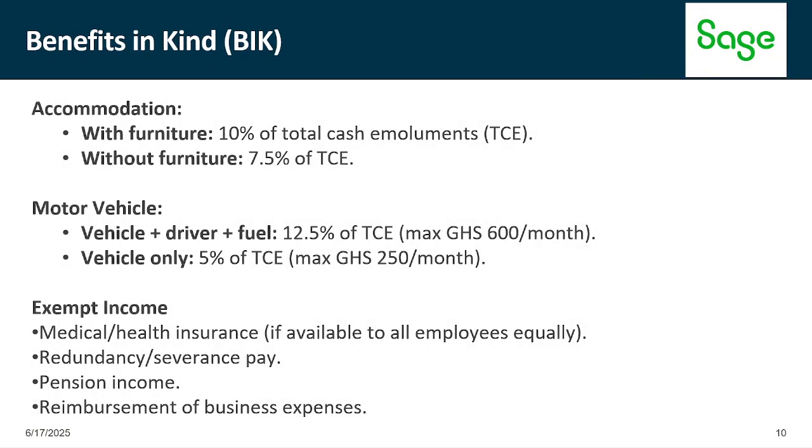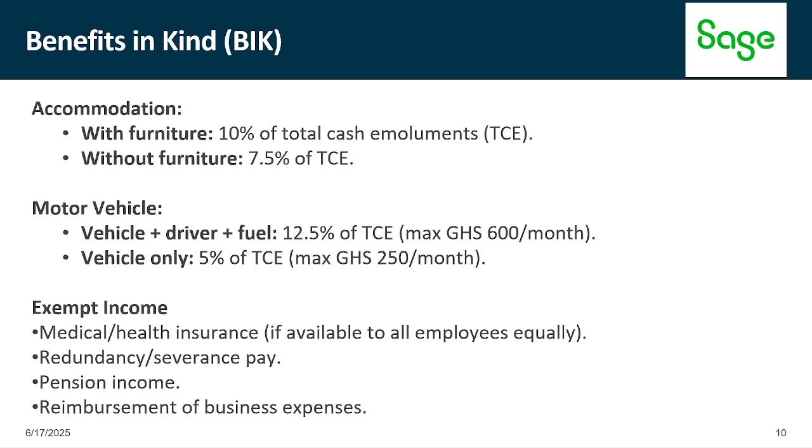Now, benefit in kind. Another gray area for payroll managers. You are given accommodation with furniture. 10% of your total cash emolument will be added to your normal earning and taxed progressively. What does it mean?